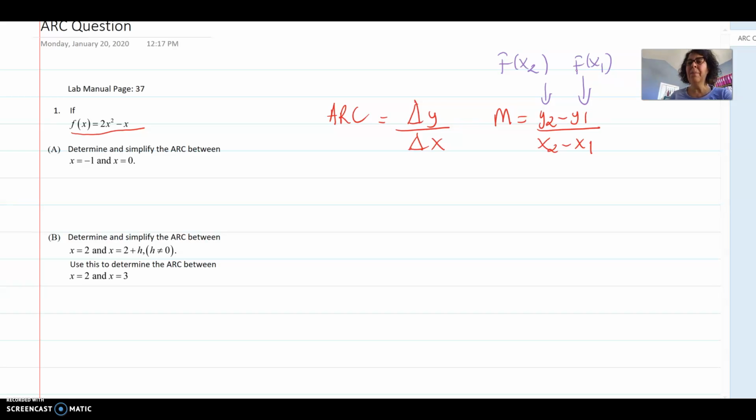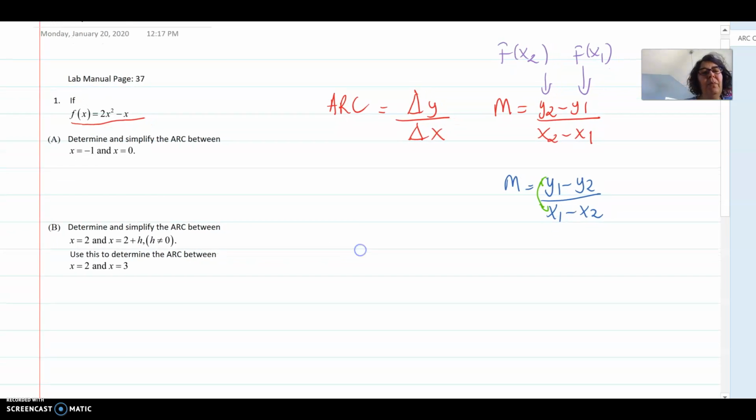Write it down. If you plug x1 into the function, you will get a value. Write it down. Take the difference between them. Order doesn't matter. If you put x2 on top first, you need to start the differences in the denominator with x2. So you can use this formula as y1 minus y2 all over x1 minus x2. So follow the order.